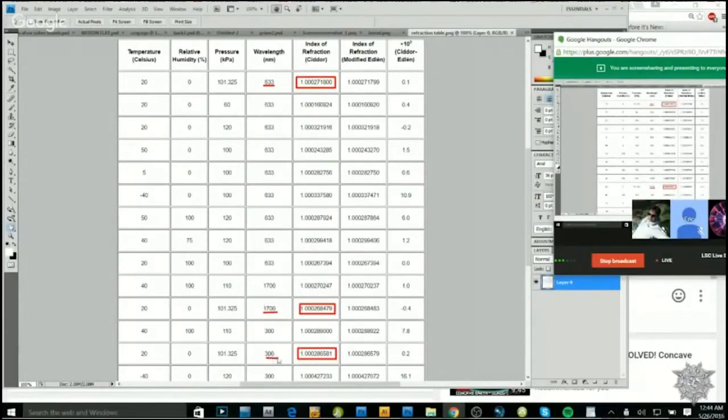One at 300 nanometers, which would be a shorter wavelength, and 1700 nanometers would be the longest wavelength, and 633 would be in between. And so the longer the wavelength, 1.000268, it's not bending as much as the shorter wavelength. The shortest wavelength is bending at 1.000286, so it's actually bending more. So the shorter wavelength bends more, not the longer wavelength.